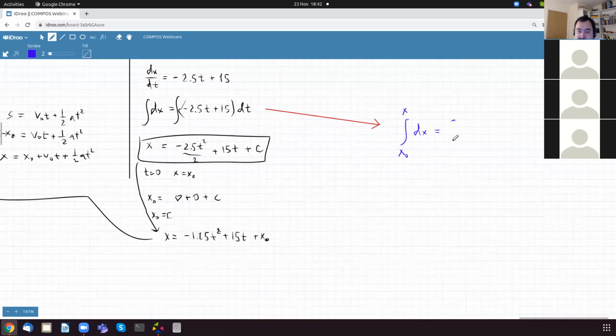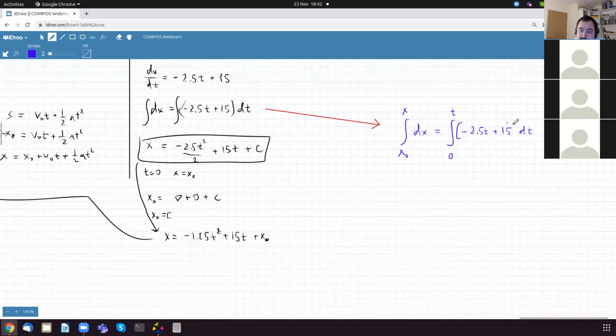And t changes from 0, the initial value of t is 0, to the final value of t. So x changes from x0 to x, and t changes from 0 to t. So it's minus 2.5 t plus 15 dt, of course.